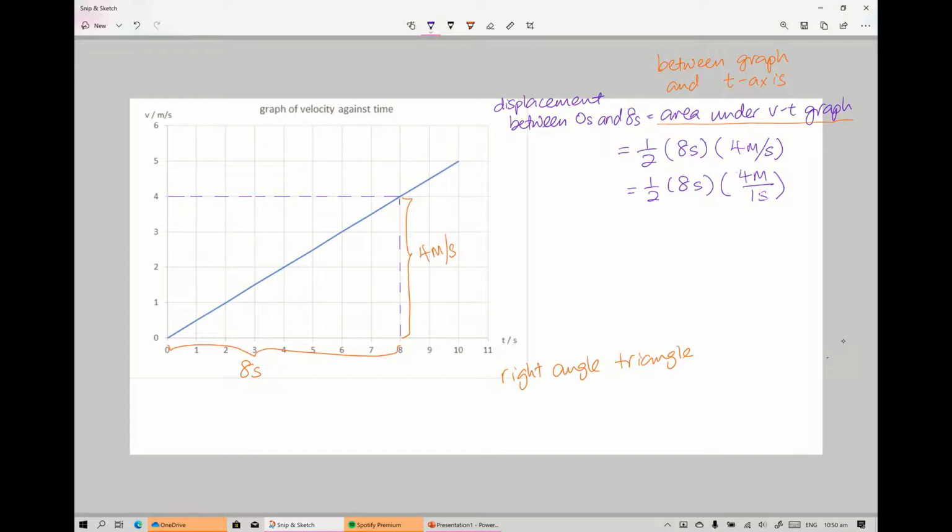The seconds cancel, and what I have is 16 meters. So displacement between 0 seconds and 8 seconds is 16 meters. I say again, not square. Don't go and square it. 16 meters.